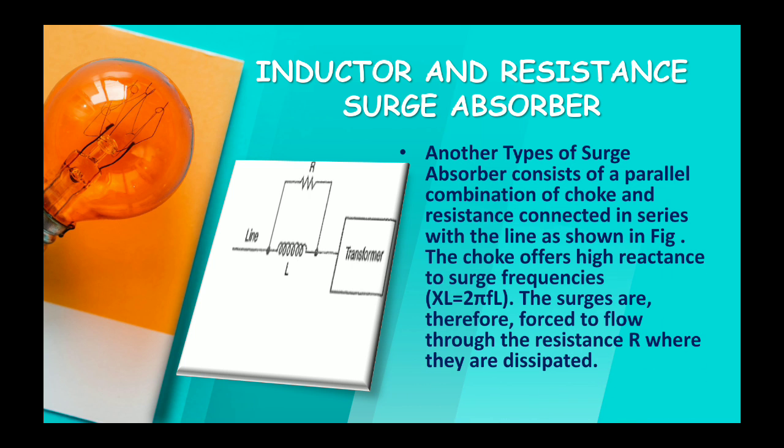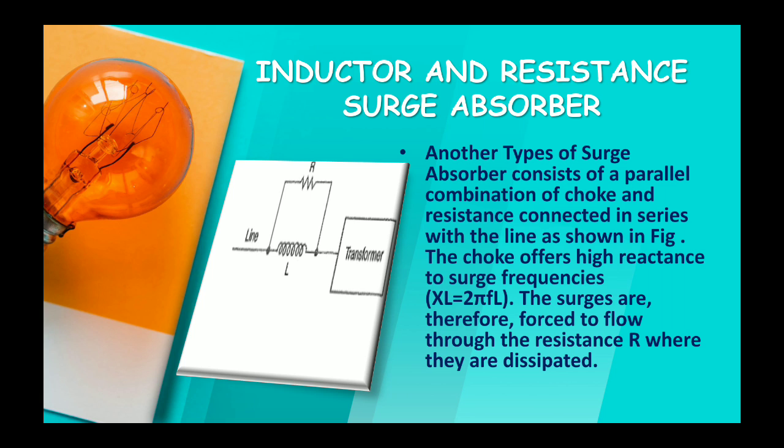Another type of surge absorber consists of a parallel combination of a choke, meaning the inductor or inductive coil, and a resistance connected in series with the line, as shown in the figure. This combination is connected in series with the transformer.